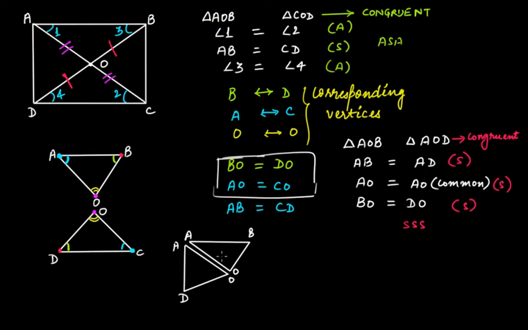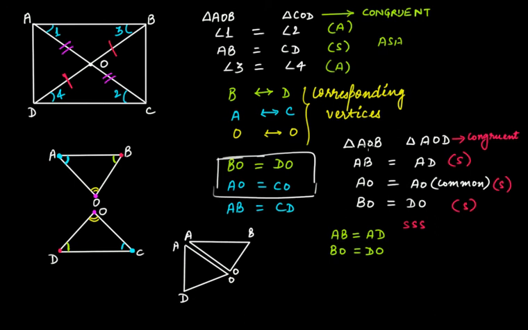Now, if you see this one, if you take these two pairs, that is AB is equal to AD, and BO is equal to DO. Here we have to tell the corresponding vertices. This is SSS criterion. Whenever you face SSS criterion, we always take any two pairs of equal sides. Like in this case, we have taken AB is equal to AD and BO is equal to DO.